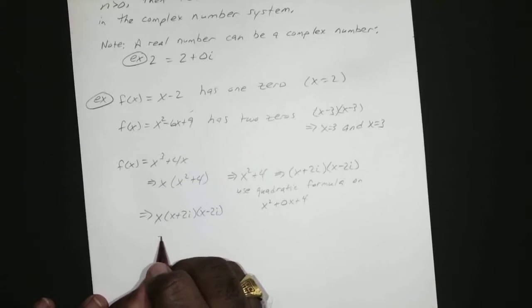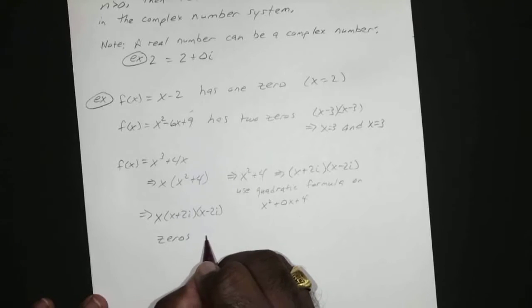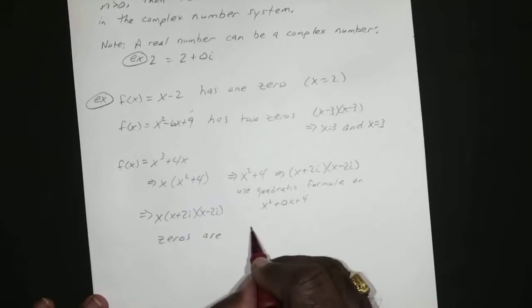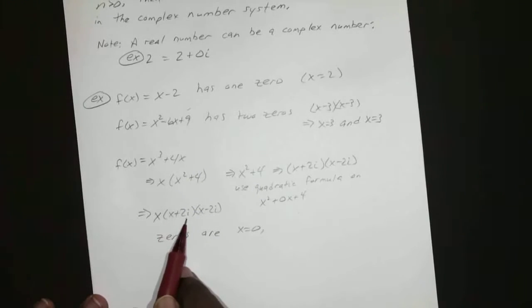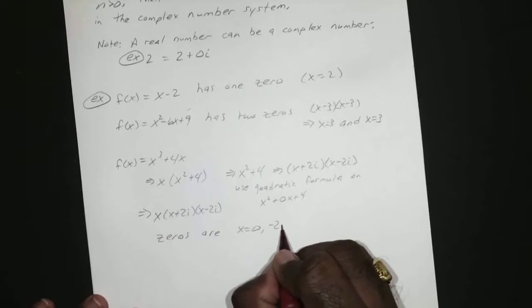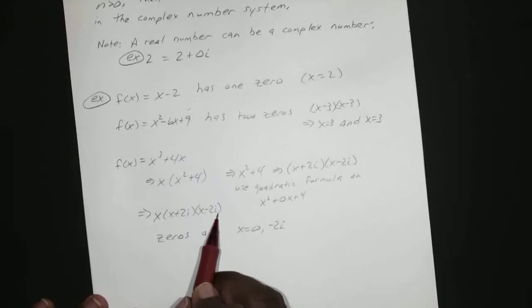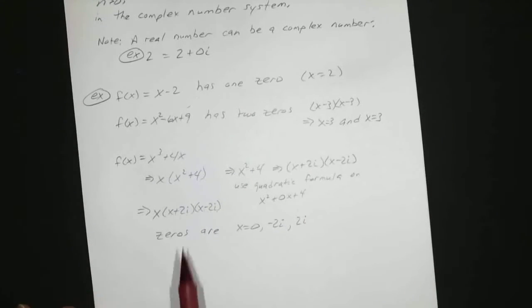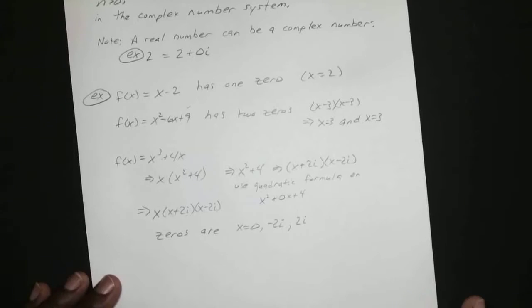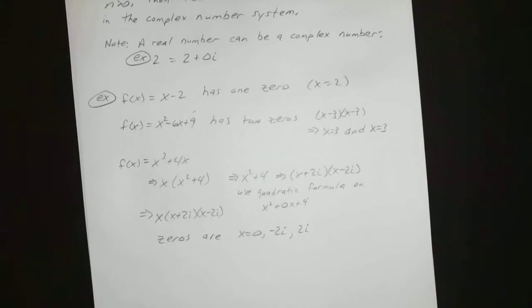Your zeros here are x equals 0, x equals negative 2i, because that will make that 0, and x equals positive 2i, which will make this one 0. You have a degree 3, so you have 3 zeros. The theorem says you just have to have at least one.